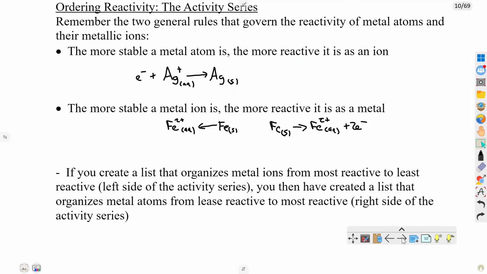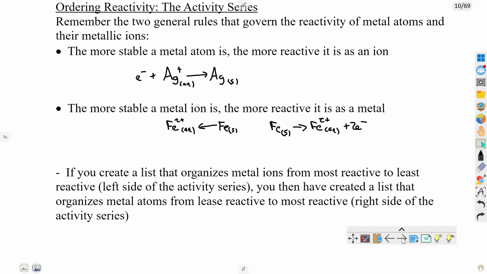So how do we sort all of this out? There are two general rules that govern the reactivity of metal atoms and their metallic ions. The more stable the atom is, the more reactive it is as an ion. Whereas the more stable the ion is, the more reactive it is as a metal.